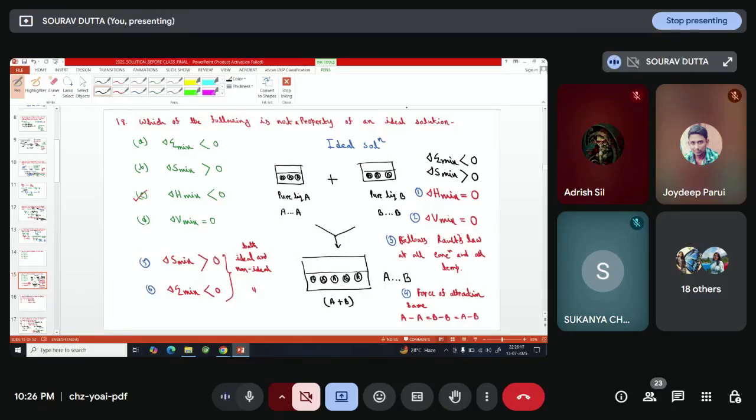But delta G mixing negative and delta S mixing positive are common for ideal and non-ideal solutions, both, but other criteria are not the same. So those are some properties of an ideal solution which follows Raoult's law. This is applicable for dilute solutions. So now I am moving to the question.